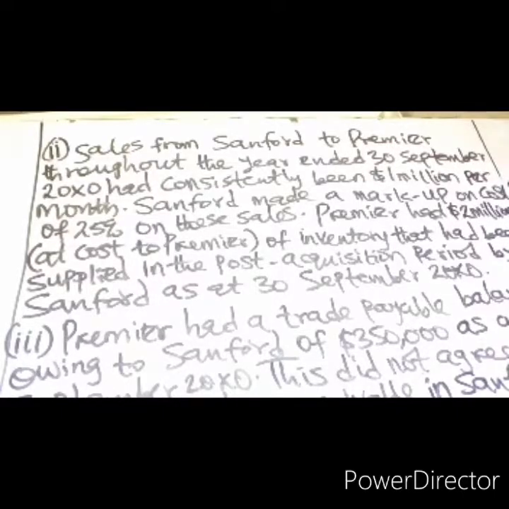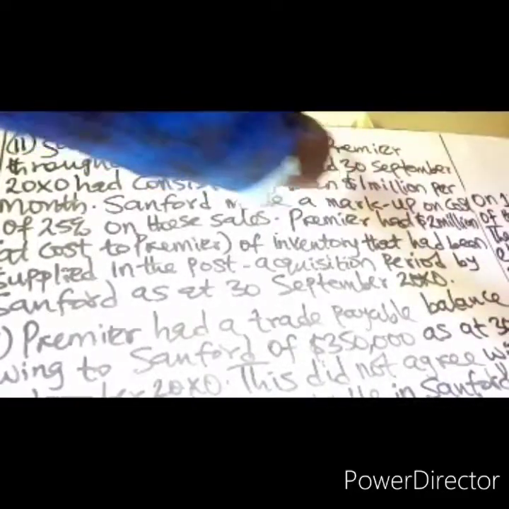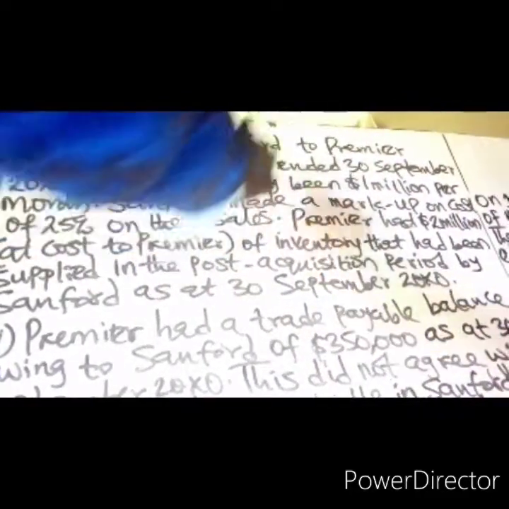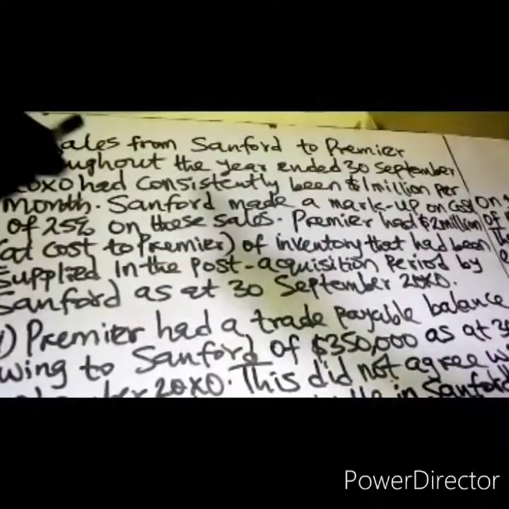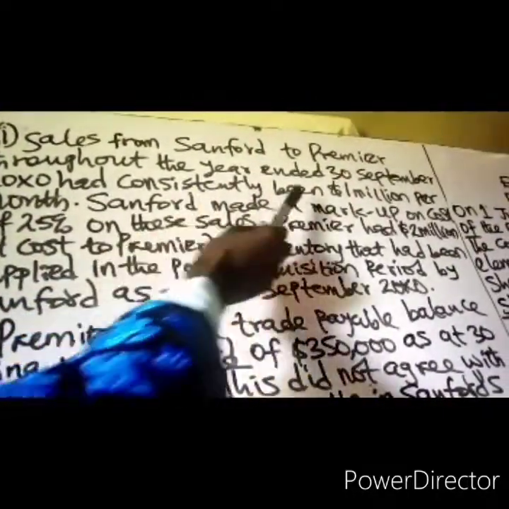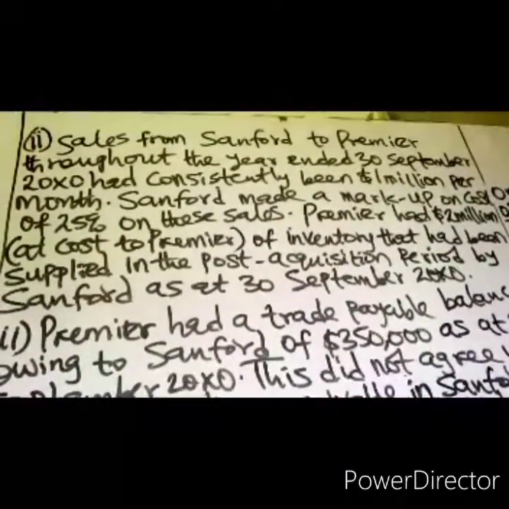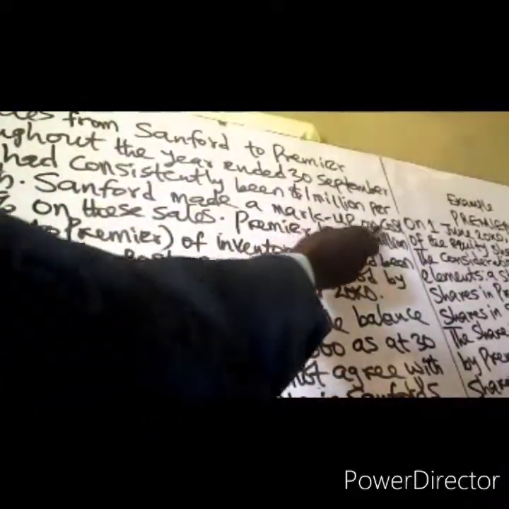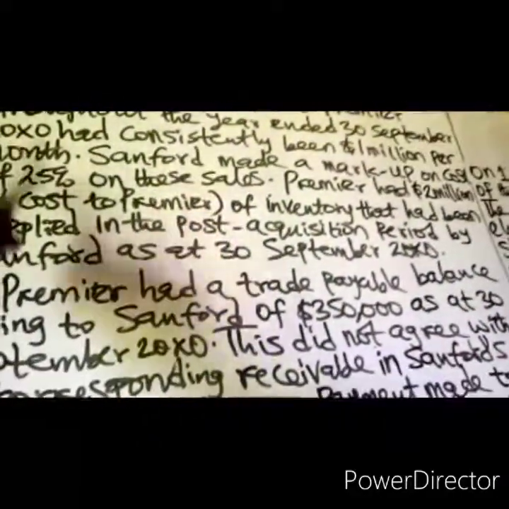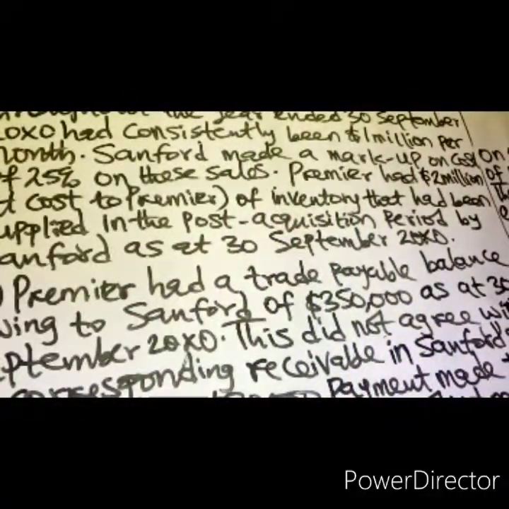2. Sales from Sanford to Premier throughout the year ended 30 September 2020 had consistently been $1 million per month. Sanford made a markup on cost of 25% on these sales.